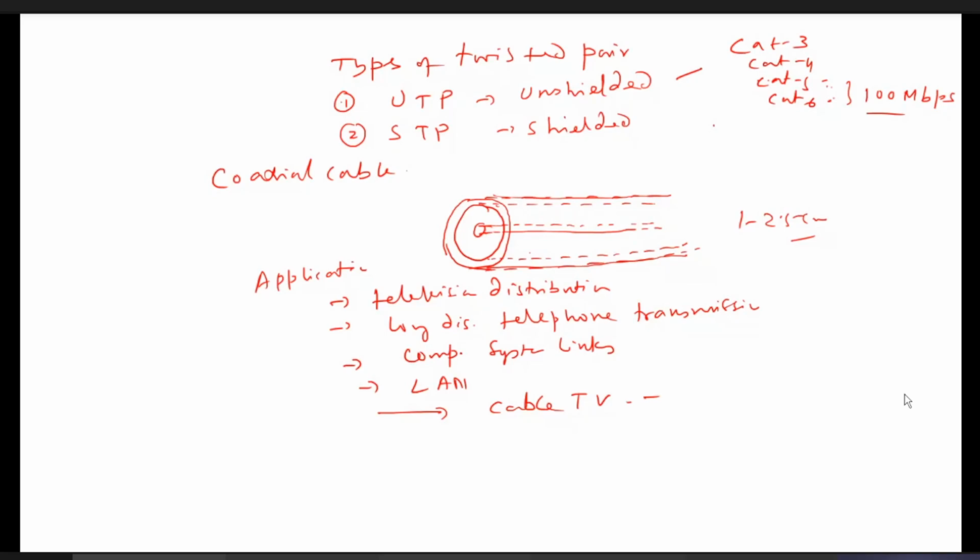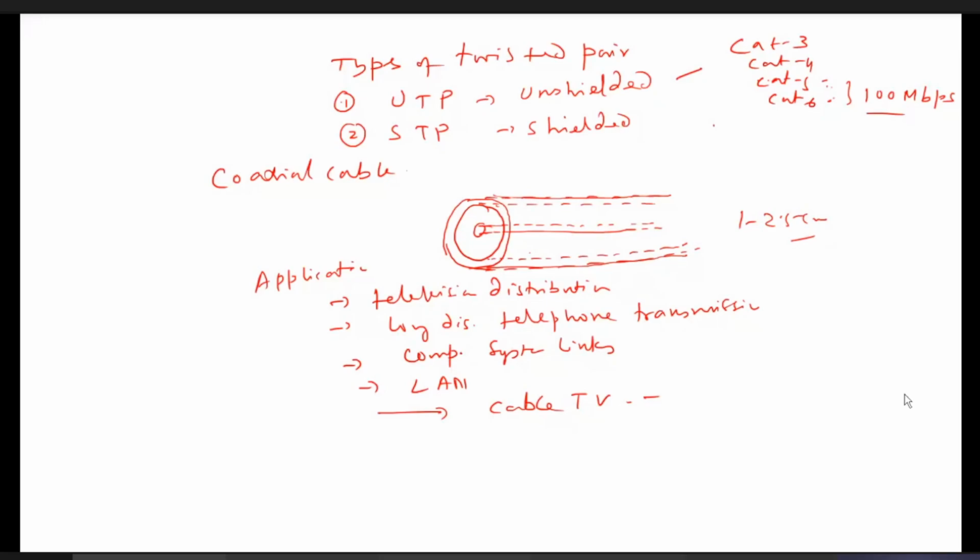But anyway, it uses analog signaling schemes. FDM schemes can be used, and over 10,000 voice channels are generally carried.